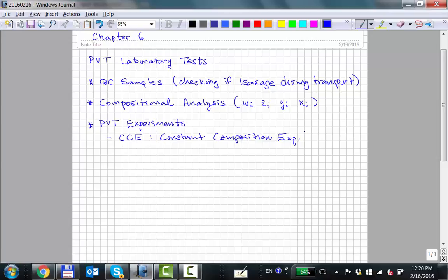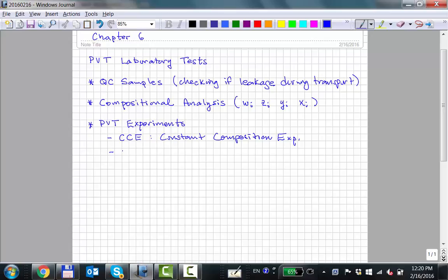A PVT cell is just a high-pressure container. It may or may not have visual access, meaning that you can see what's in the container. Most PVT cells today do have windows of some sort, so that you can actually measure the amount of gas and oil in the cell at a given pressure and temperature. But this CCE is the first type of test, and if you're going to do any experiment on a sample, it'll probably include this CCE.